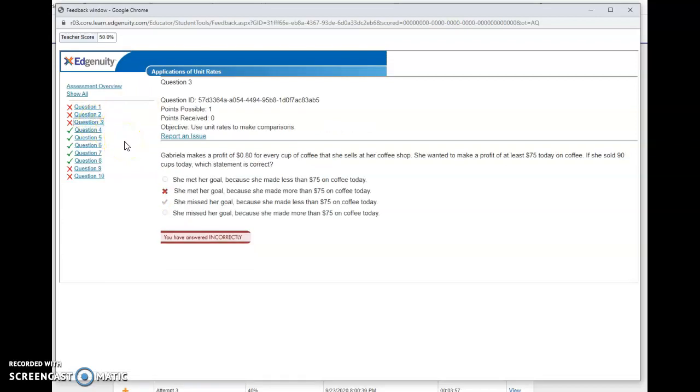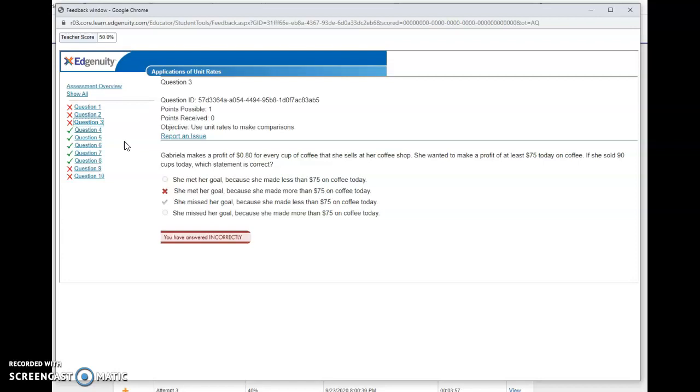Okay, Gabriella makes a profit of 80 cents for every cup of coffee she sells at her coffee shop. She wanted to make a profit of at least $75 today. If she sold 90 cups, which statement would be correct? So let's figure out how much money she made. She makes 80 cents, and for 90 cups, that means she made $72 today.